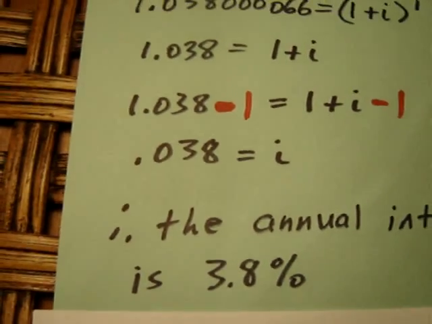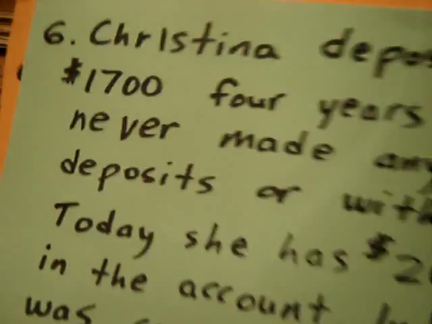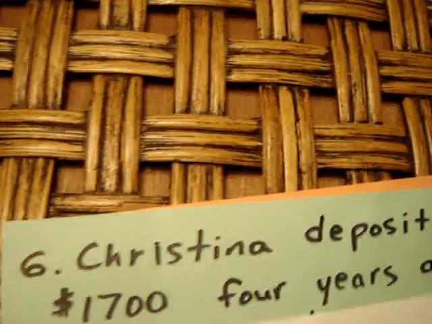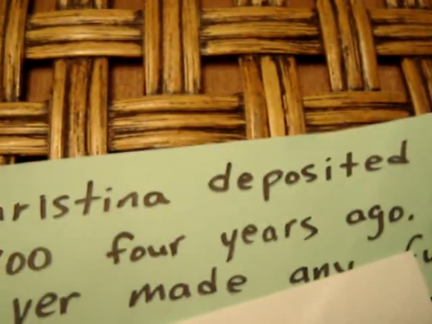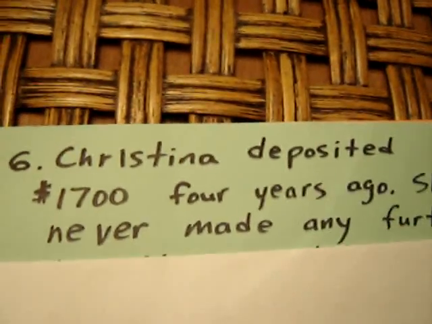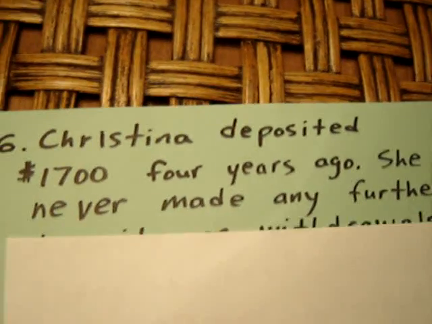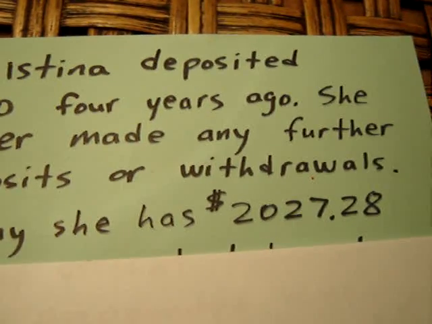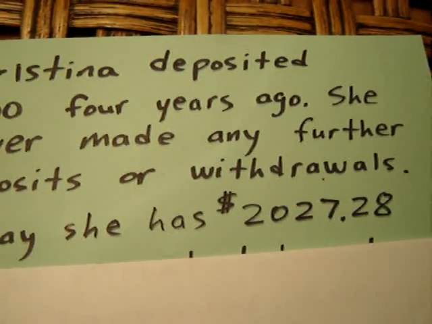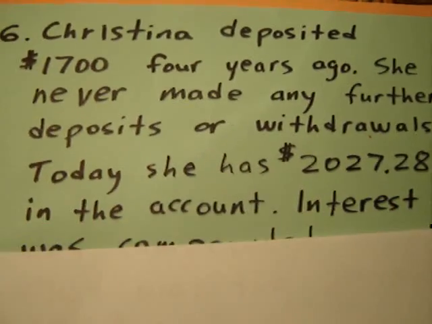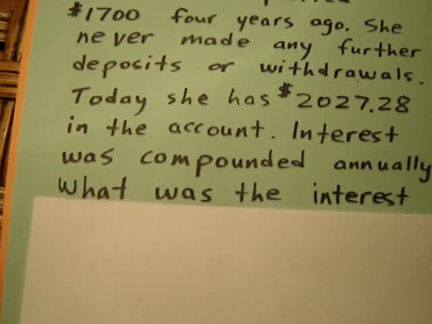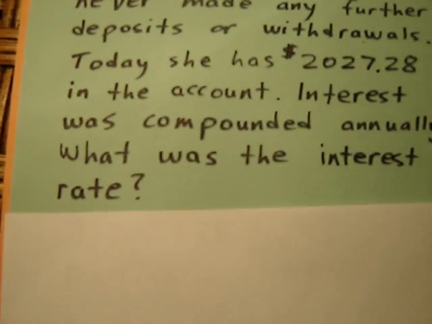Well, a difficult question like that warrants one more example. So here it is. Suppose Christina deposited $1,700 4 years ago, and she never made any further deposits or withdrawals, and today she has $2,027.28. Well, since interest was compounding annually, we now have enough information to figure out the interest rate.